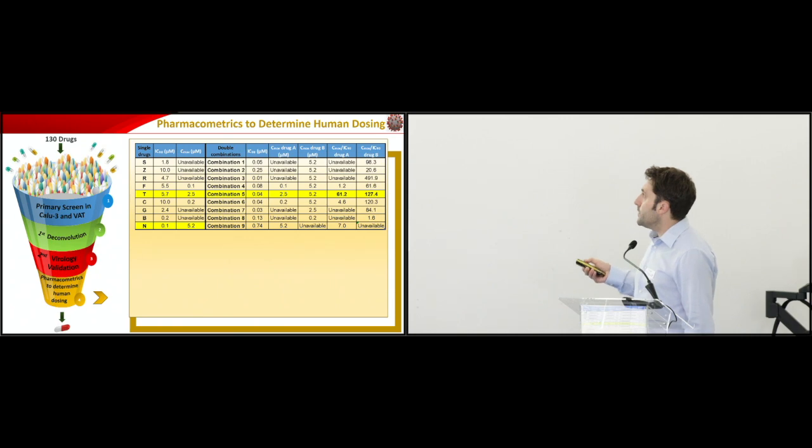So for the 9 combinations that we had isolated, first off, there were only 3 combinations for which we could work out the pharmacometric profiling, because the Cmax data wasn't available for all of the drugs that made those combinations.